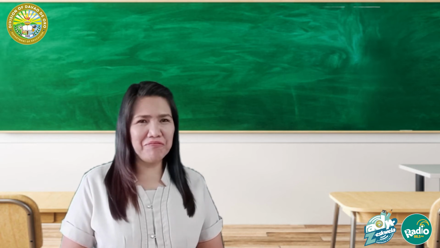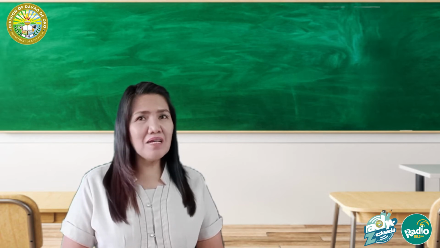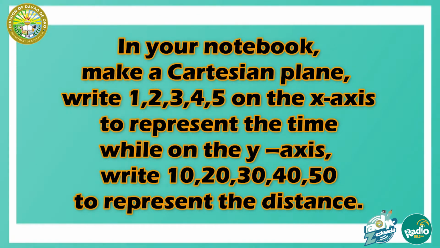How about a graph? When can we say that the graph shows direct variation? Okay, in your notebook, make a Cartesian plane. Write 1, 2, 3, 4, 5 on the x-axis to represent the time, while on the y-axis, write 10, 20, 30, 40, 50 to represent the distance.